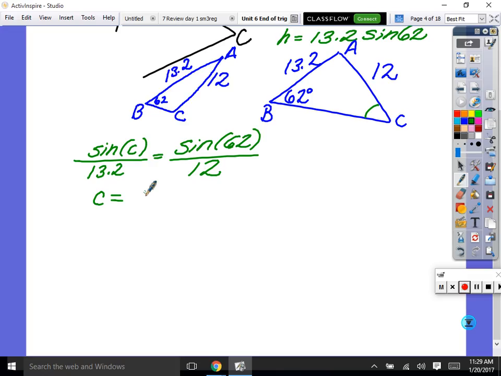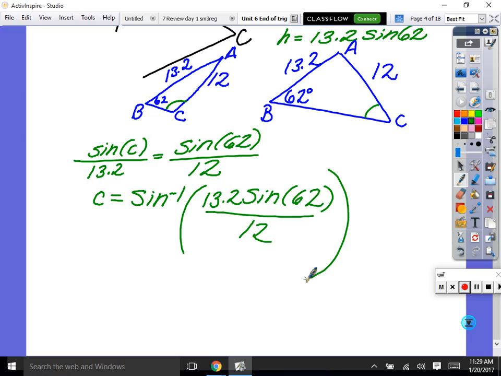Well, isn't this smaller than 90? And isn't this one larger definitely than 90? Okay, that's acute versus obtuse. So the math comes out to be sine inverse of 13.2 sine 62 over 12. Are we pretty good with the algebra there, that I'm not doing the steps for that? Okay, so angle C is 76.2. So that's the acute one.